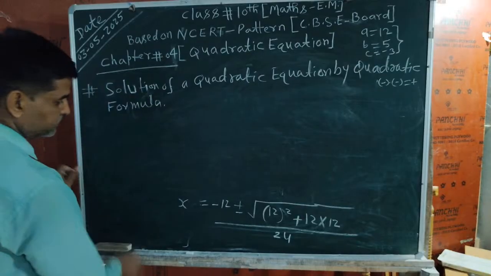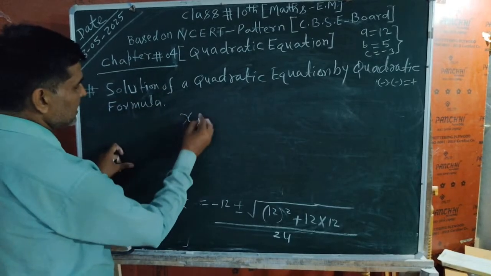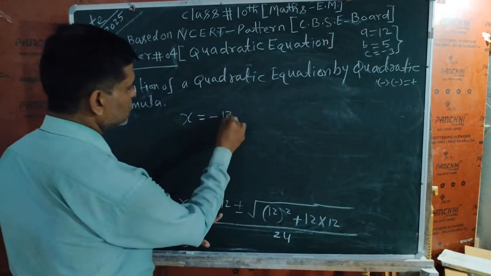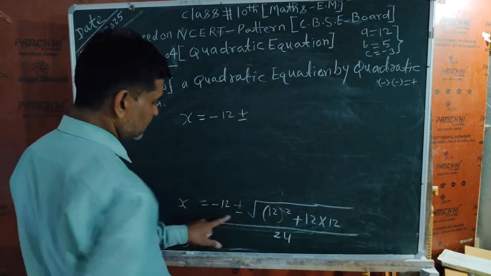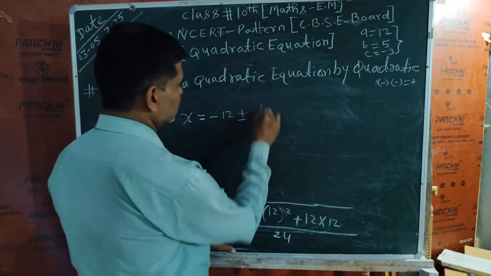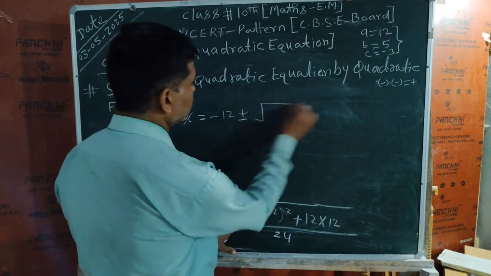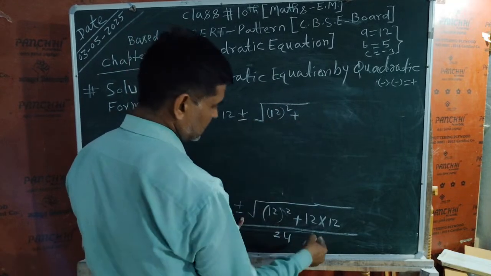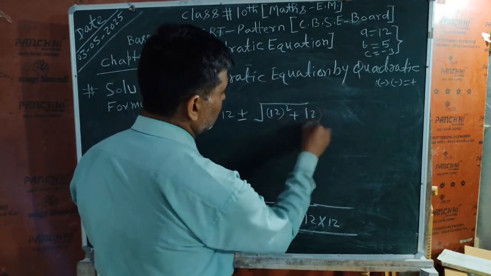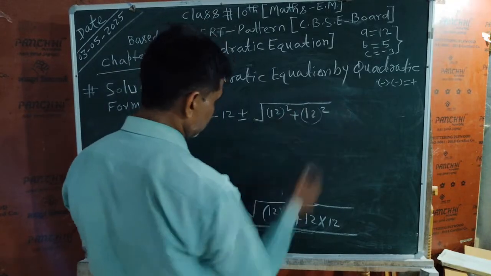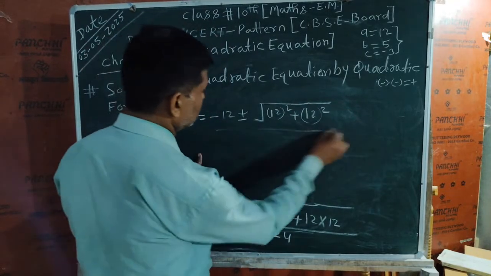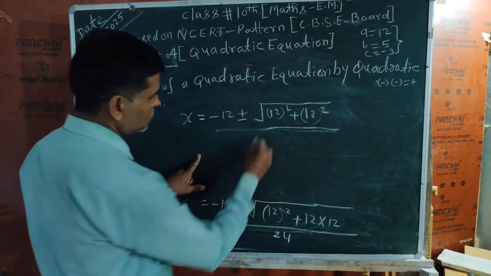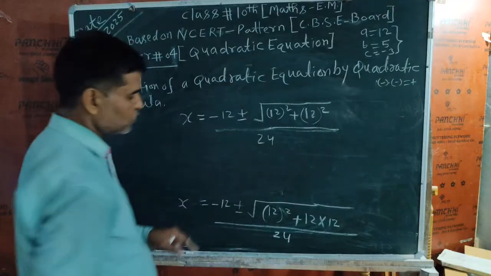Now again you see x is equal to, here minus 12 is available, so I will put minus 12, here plus and minus sign is available, I will put plus and minus sign, and here 12 square plus 12 square. In this way I can write, and below is 24, so here I have to put 24.